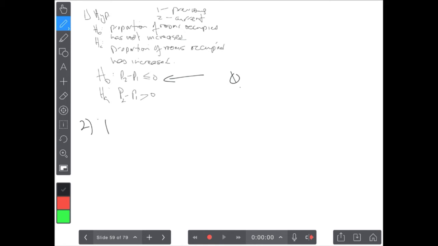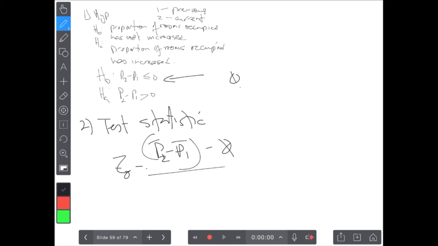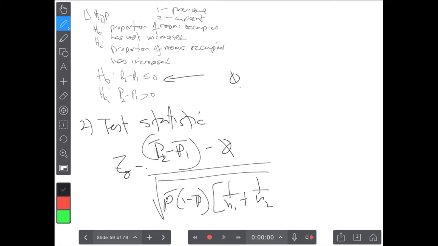So step 2, test statistic: Z observed is equal to P bar 2 minus P bar 1, I have to be consistent, minus 0, over the square root of P bar times 1 minus P bar, and we have 1 over N1 plus 1 over N2, where N1 is for the previous year and N2 is for the current year.